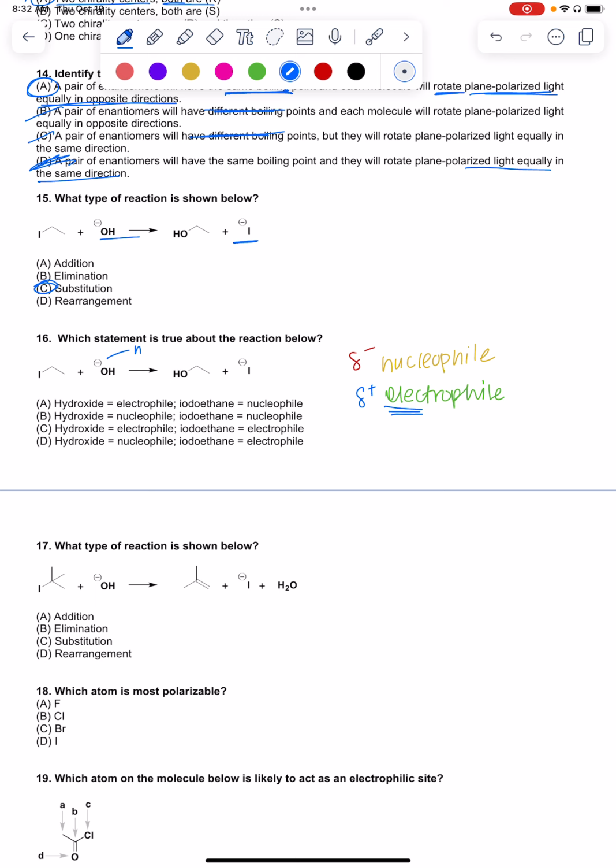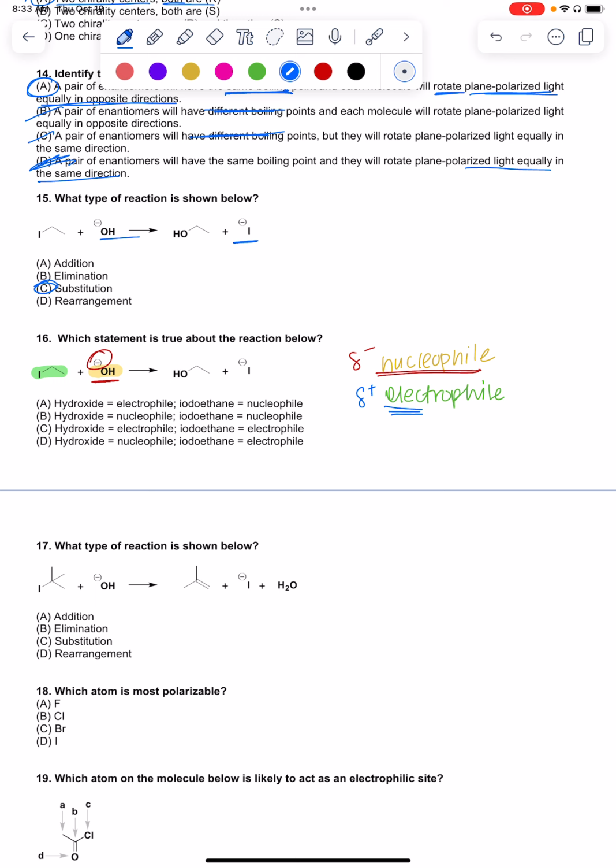So now I see that and I go, okay, if there's something negative happening, that's going to be my nucleophile. Okay, so this is a nucleophile. That means if that's my nucleophile, this has to be my electrophile. And remember that he said that alkyl halides will most of the time act as an electrophile.